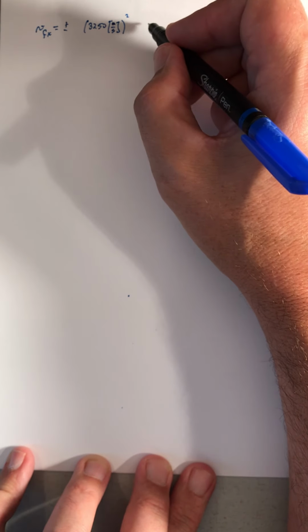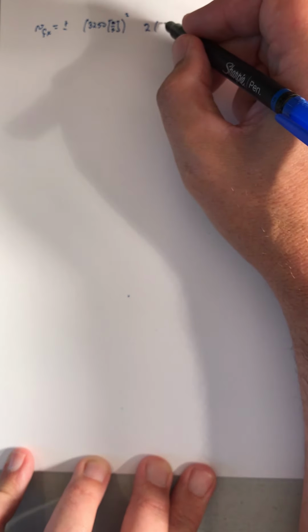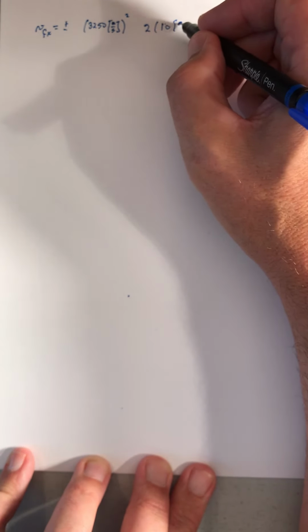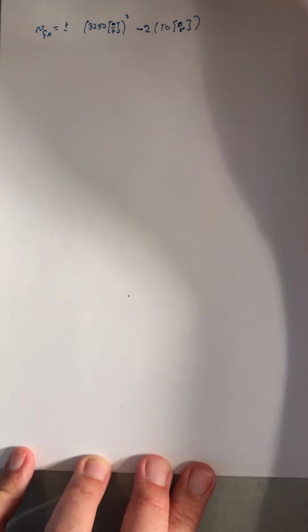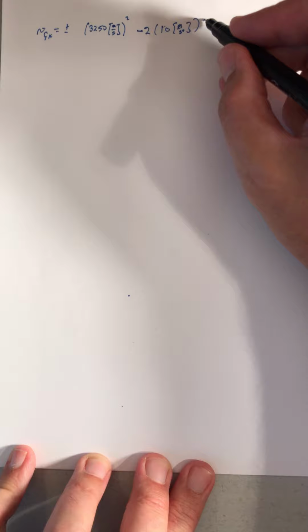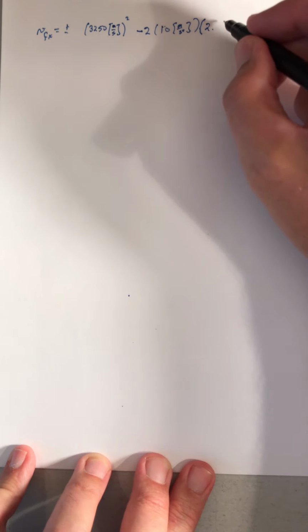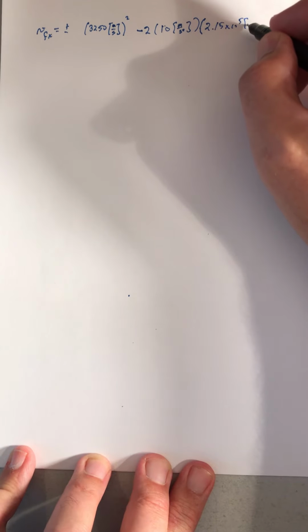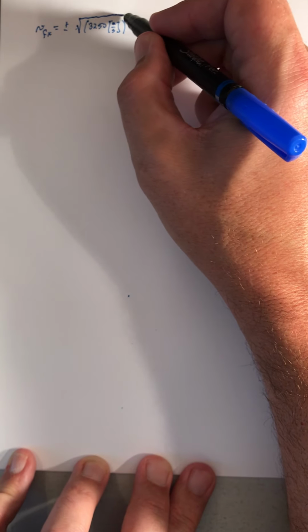I'm going to have 2, the acceleration is minus 10 meters per second squared, so I'm going to pull that minus sign out. And then the displacement in meters, 2.15 times 10 to the 5th meters. And that's all under a radical.